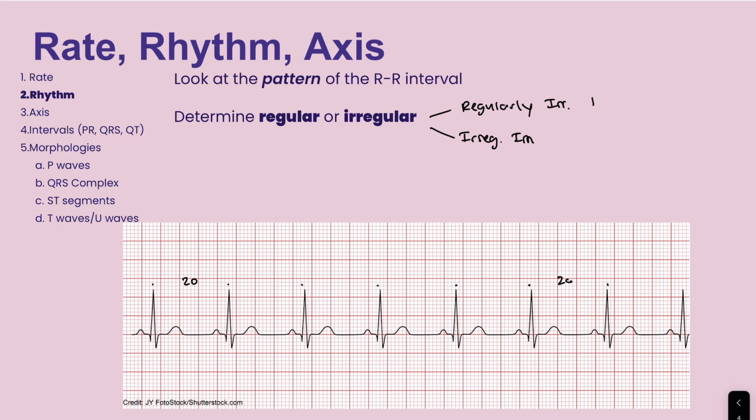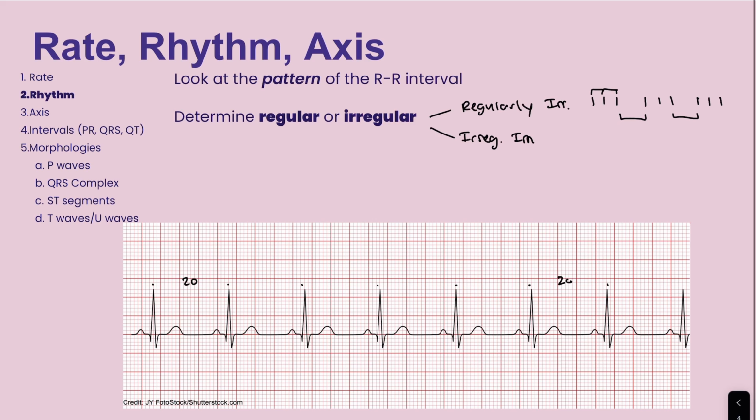So let's say we have 1, 2, 3 and a gap, and then 1, 2, 3 and a gap, and then 1, 2, and 3. So you can see that the distance between these is relatively, minus my art skills, consistent across the page. And the distance from these gaps is also relatively consistent. So we have this patterned approach. It's not regular, but it is regularly irregular.